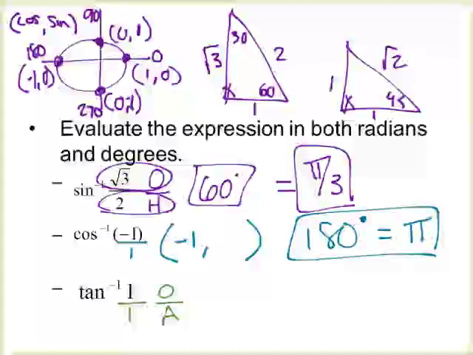In the 45, 45, 90 triangle, the answer must be 45, because our angles are 45, 45, and 90, but you're not allowed to pick 90, so it's 45 or 45. So that's our answer. How many times does 45 go into 180? 4 times. So you get pi over 4. Questions?